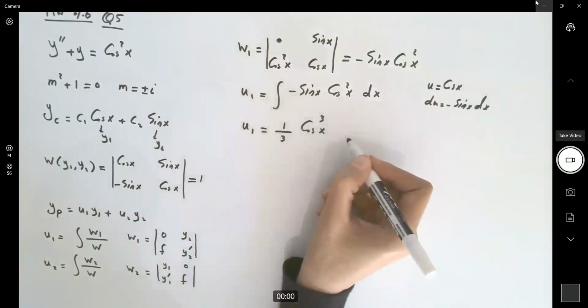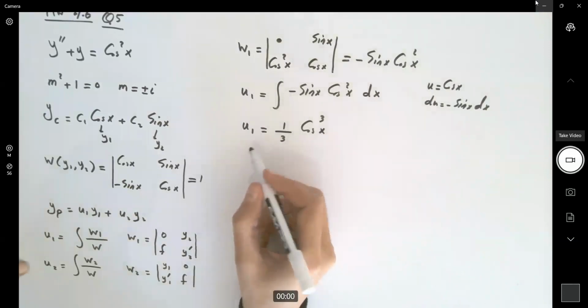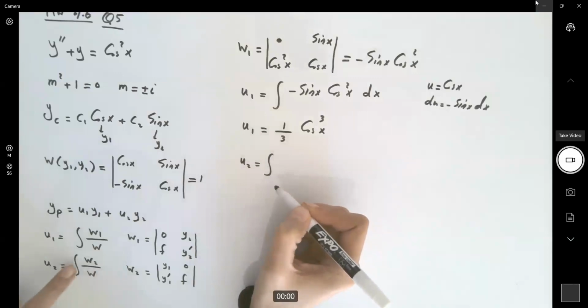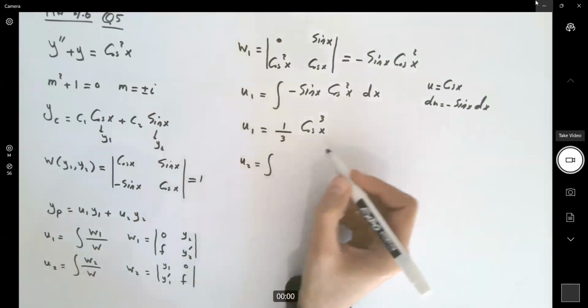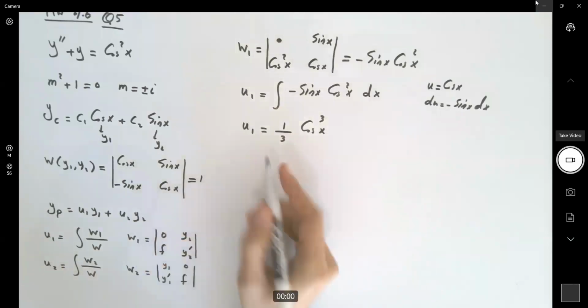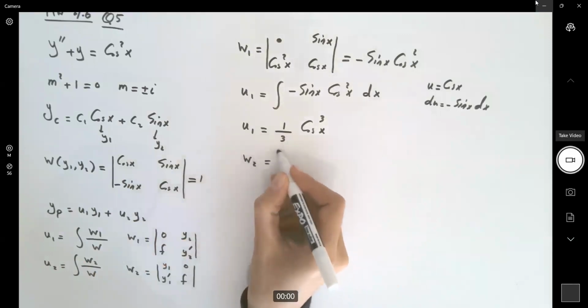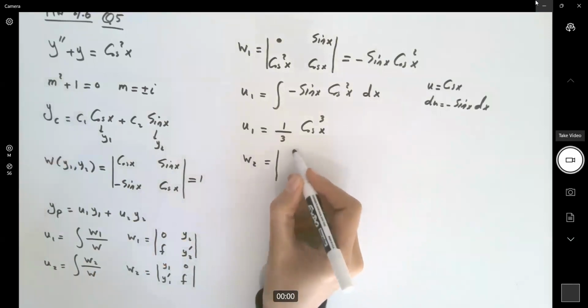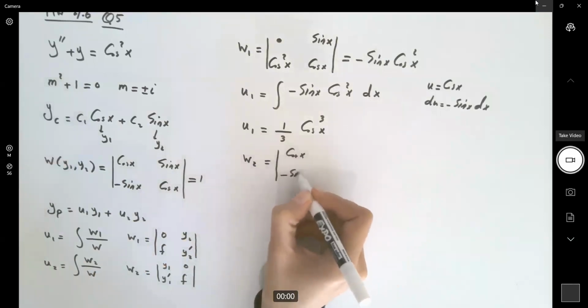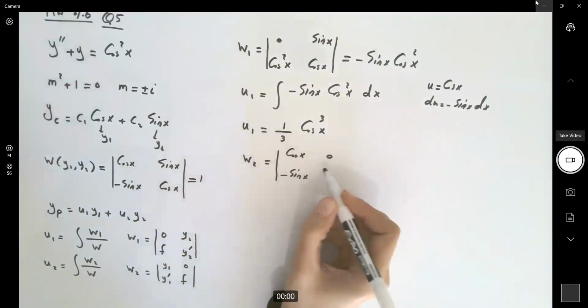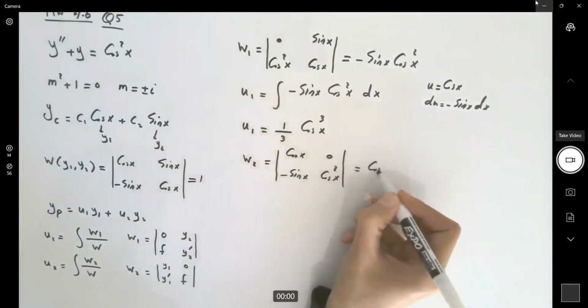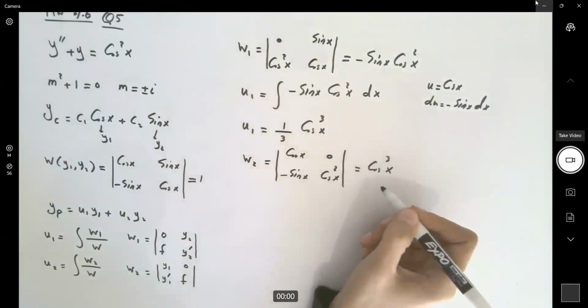This is u1. Now u2 is the integral of W2. So we need to find W2. So let's write down W2 first. We have the determinant y1, which is cosine x, its derivative minus sine x, 0 and cosine squared of x, which is cosine to the third of x minus the 0.